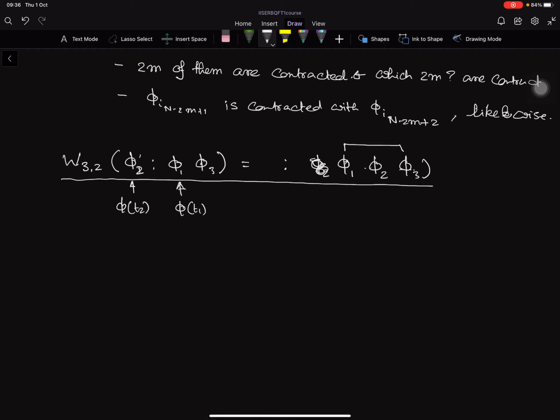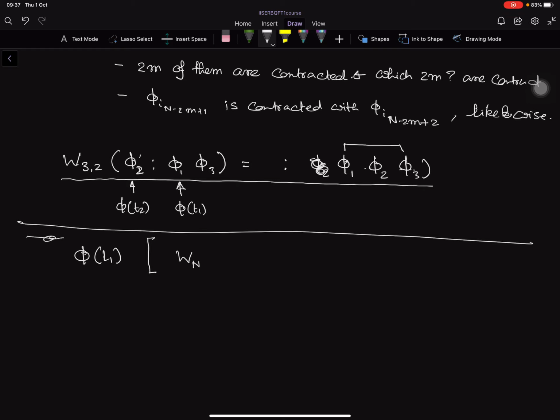What we have got after using the inductive hypothesis is phi t1, and then wn0, and then the sum over wn1, because there are many types of single contractions. Then I have wn2, these are capital N, plus dot dot dot.